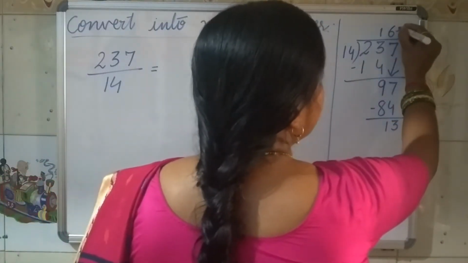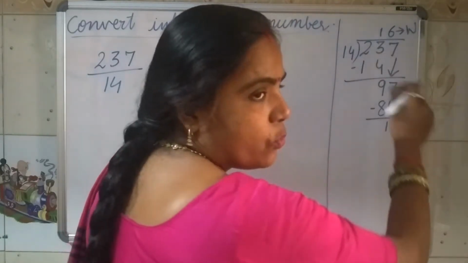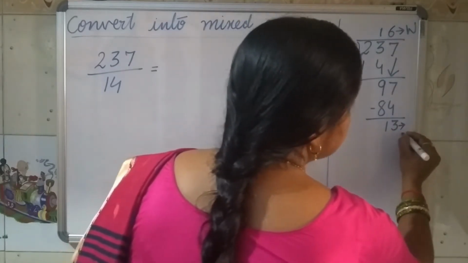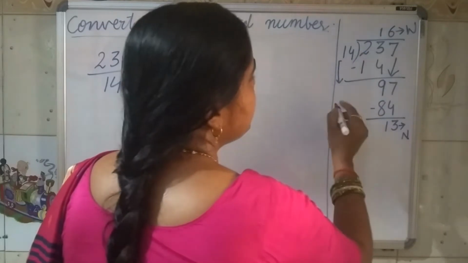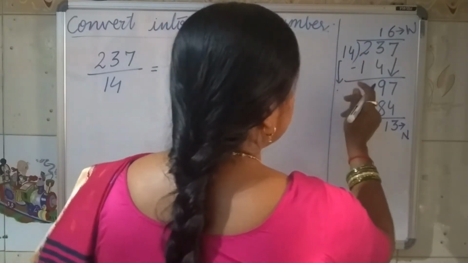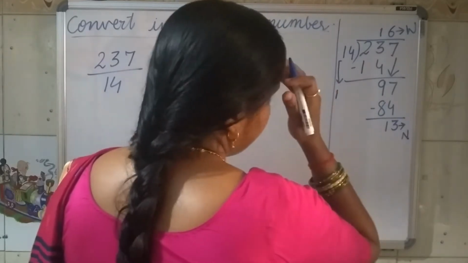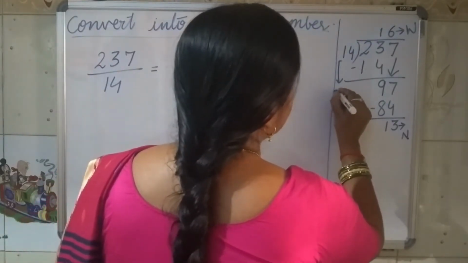This question is from your exercise only. So whatever the quotient, it is the whole number. Whatever the remainder, that is the numerator, and whatever the divisor, that is the denominator.